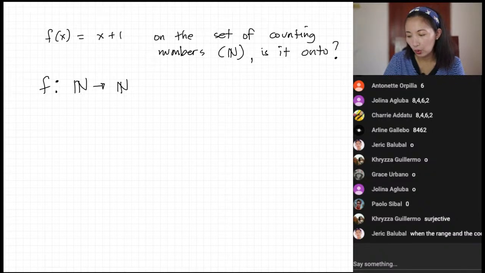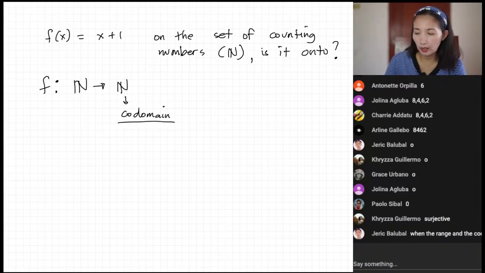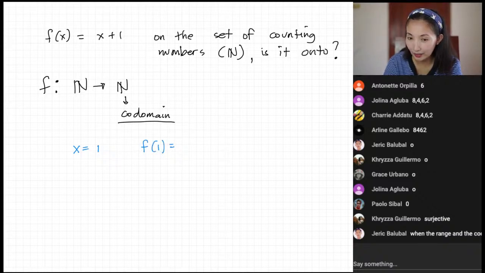So this is our codomain. The range and the codomain are equal. Looking at the given, x plus 1. What are your counting numbers, by the way? x could be 1. If x is 1, what is the function value? It's 2 na agad, correct? X equal to 2, then the function value is 3.